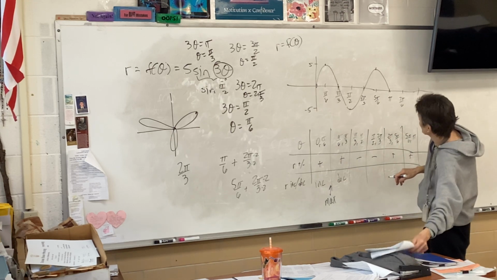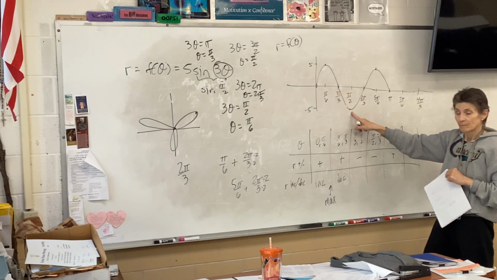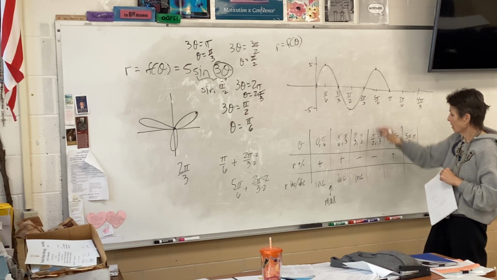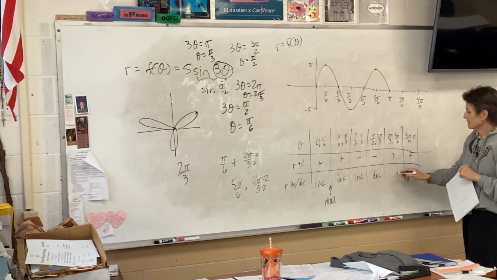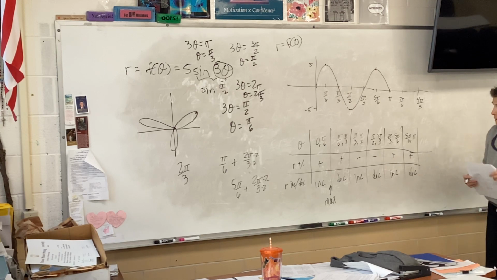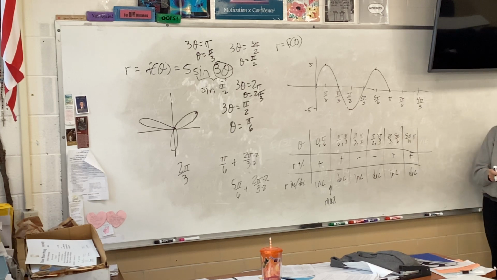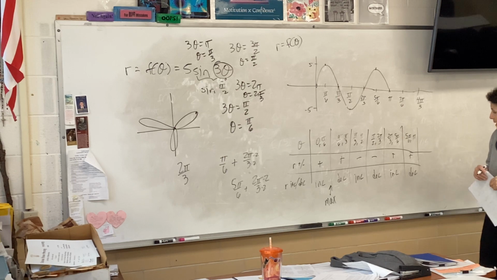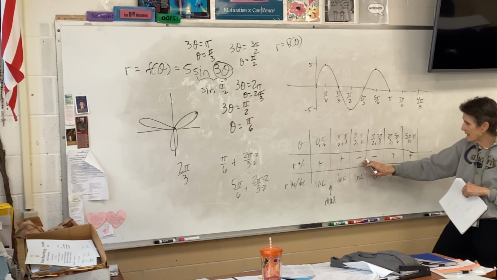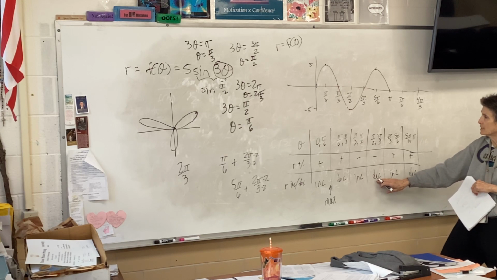All right, what's happening between pi over 3 and pi over 2? R is increasing, R is decreasing, R is increasing, R is decreasing. All right, we okay with that? Now let's look at this right here for a second. I'm negative and negative on both sides, but on one side I am increasing, on the other side I am decreasing.